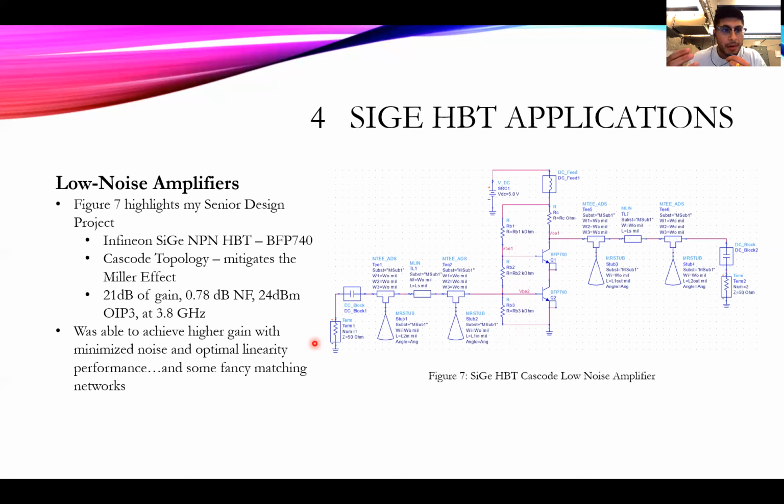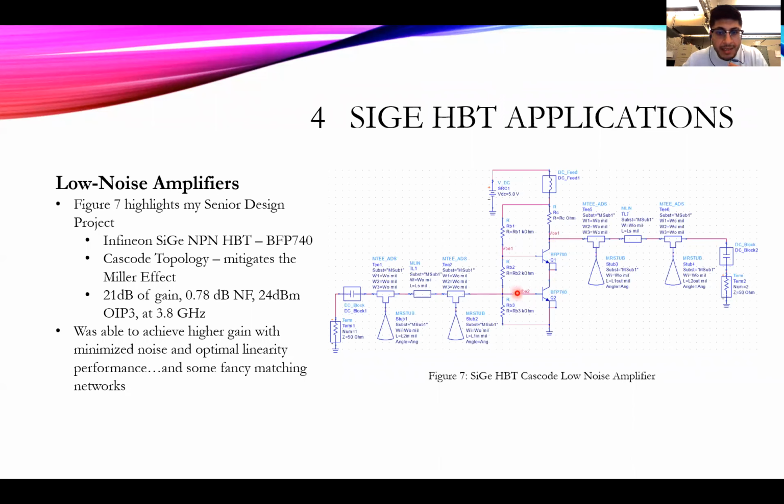One feature of a cascode amplifier here is that the first transistor, Q2, you can see right here, is a common emitter, and the output of that is fed into the emitter of the second transistor, Q1, and that topology is a common base. So the output there is taken at the collector. What both of these combined allow us to do is mitigate the Miller effect.